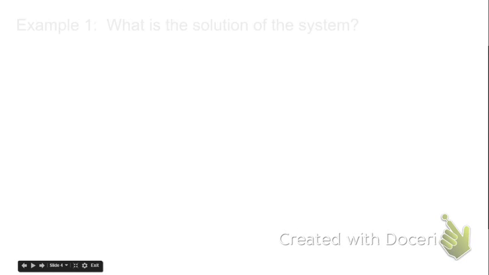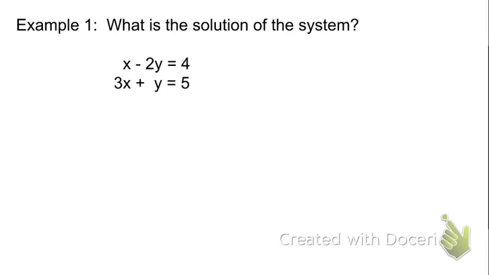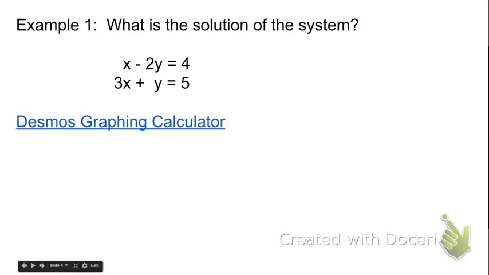Let's take a look. What is the solution of the system in example 1? x minus 2y equals 4, and 3x plus y equals 5. To do this, let's use the Desmos graphing calculator.